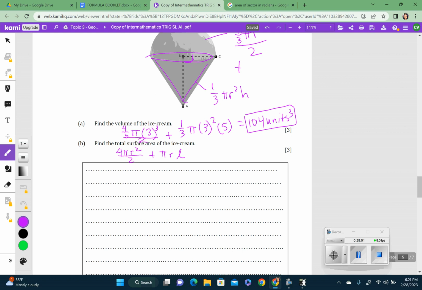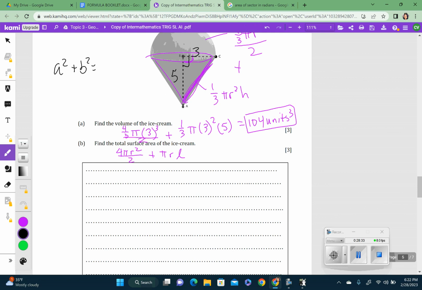Let's go ahead and find this L first. Our L is our slant height, which is this right here. We do know that the height of this was 5, and we know that this distance from B to C, which is the radius, is 3. So I can do the Pythagorean theorem here. Remember, a squared plus b squared is equal to c squared.